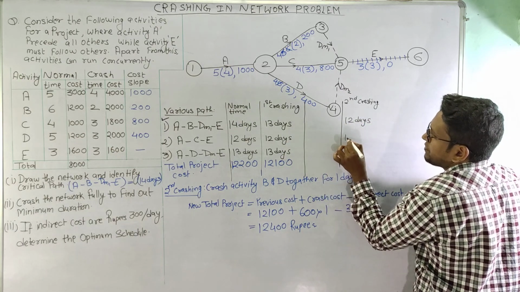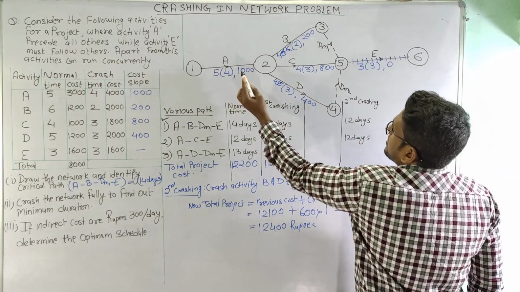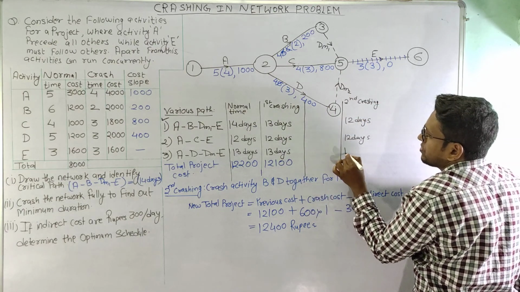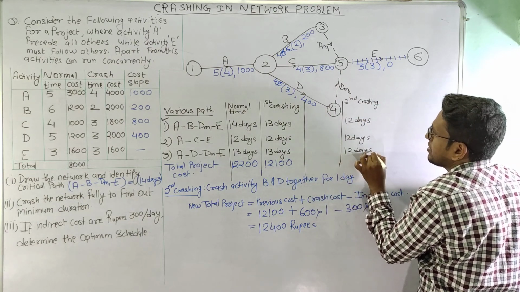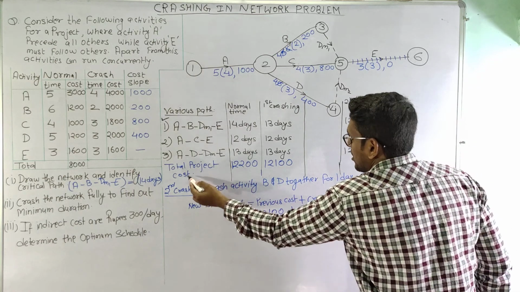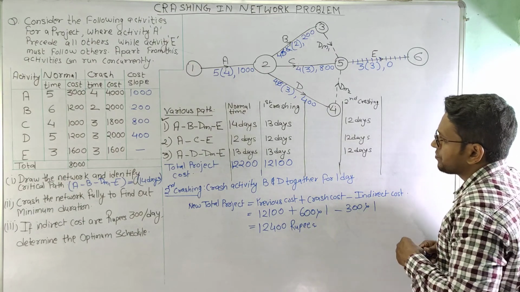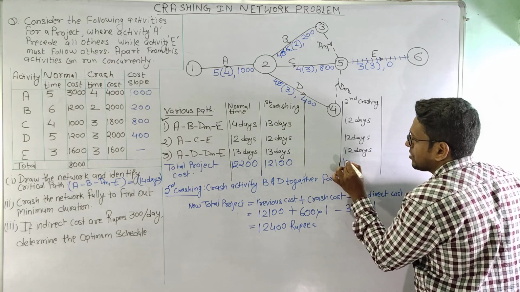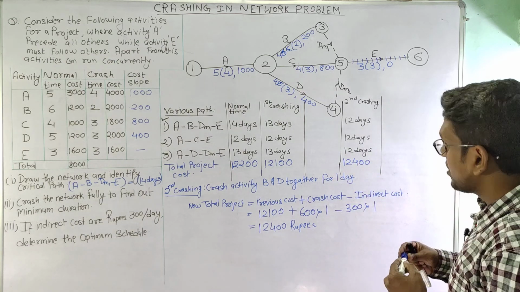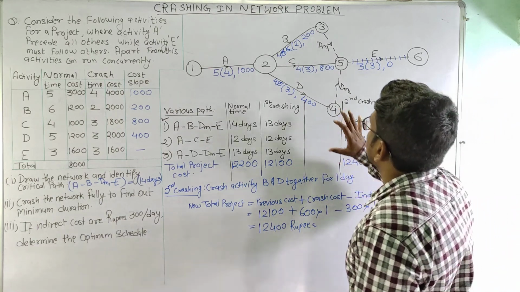This is also 12 days because B and D do not affect the path A, C, E, and this has also become 12 days. And the total project cost has become 12400.